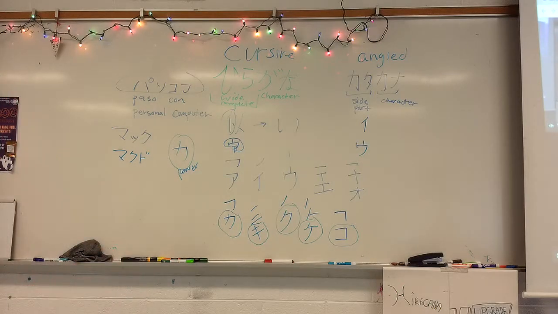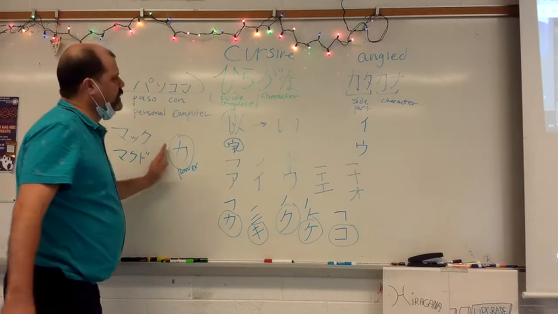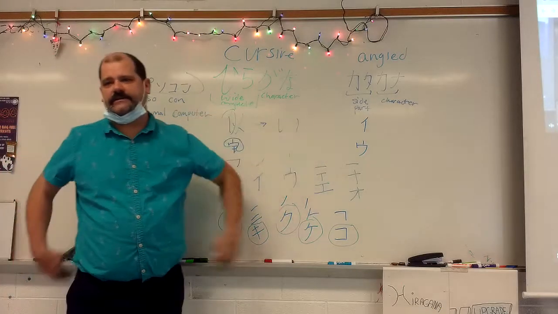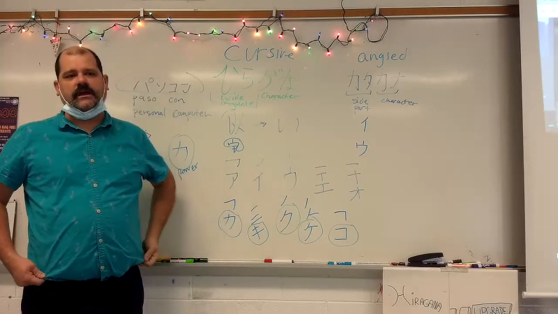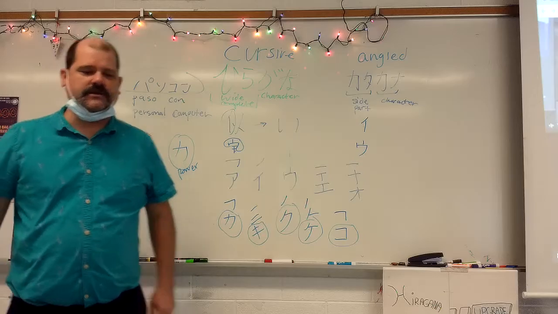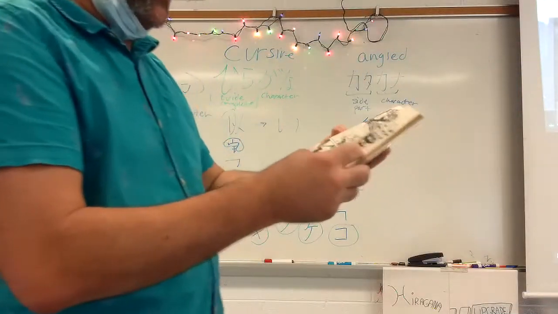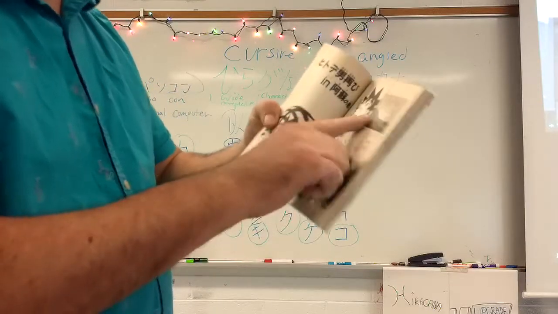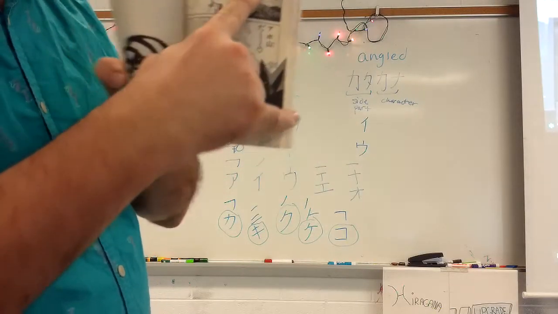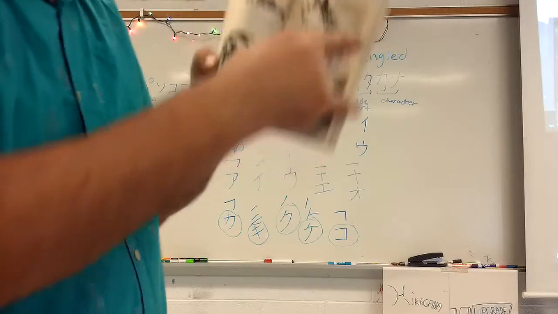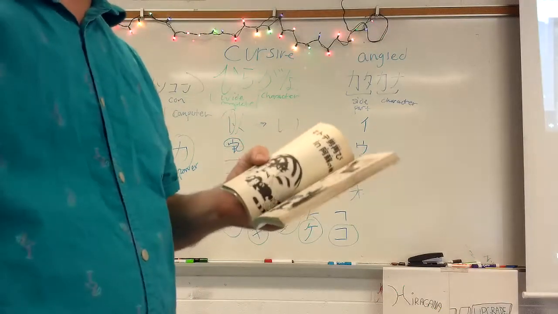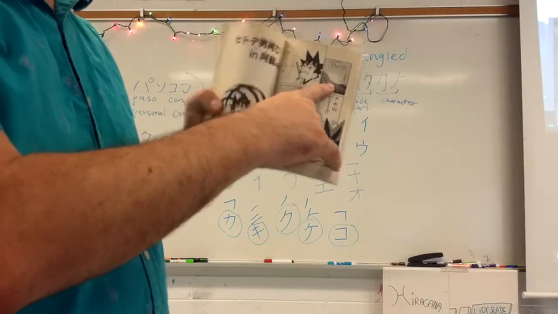The other thing, before I finish, that katakana is used for a lot is onomatopoeia in manga. You can see in manga, they use a lot of katakana for onomatopoeia. Like this is pika, the sound of light shining, like the sun's coming up.